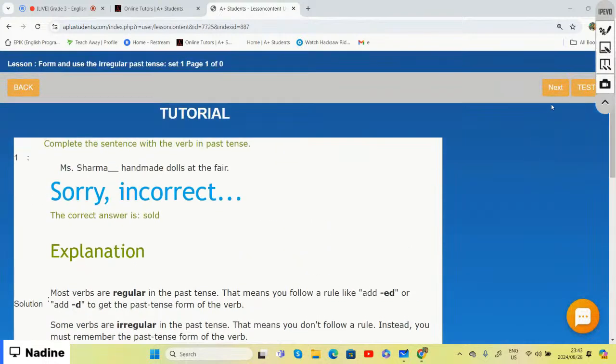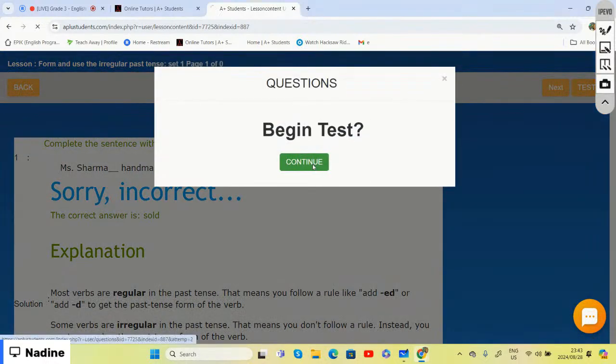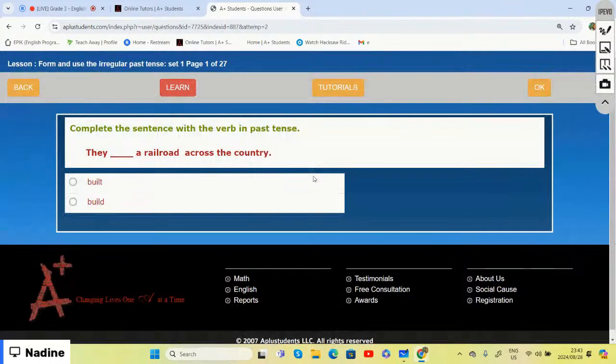All right. So now we're going to the test where we are going to form and use irregular past tense. We are going to complete the sentence with the verb in the past tense.